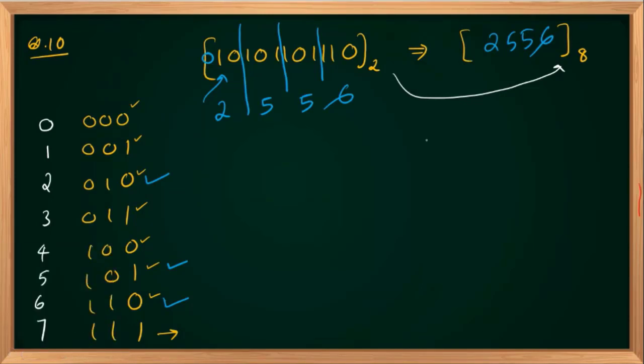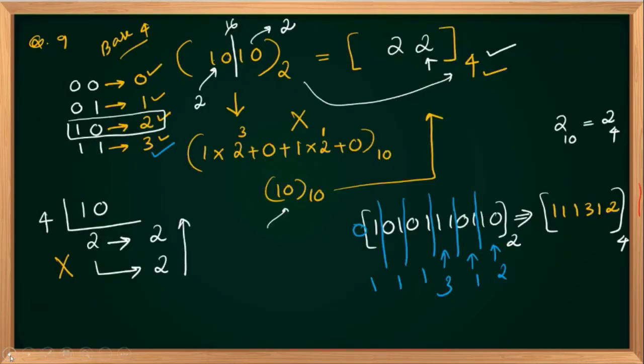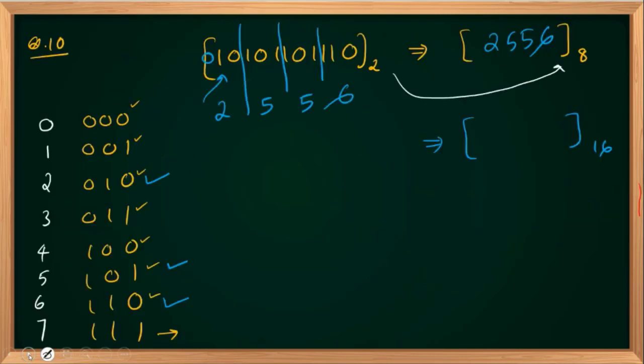If it is a base 16 number, we should recall that 2 power 2 was 4, so we are branching 2 digits at a time. In our second problem, 2 power 3 was 8, so we are branching 3 bits at a time. If you're going for 16, it's nothing but 2 power 4 is 16, right?